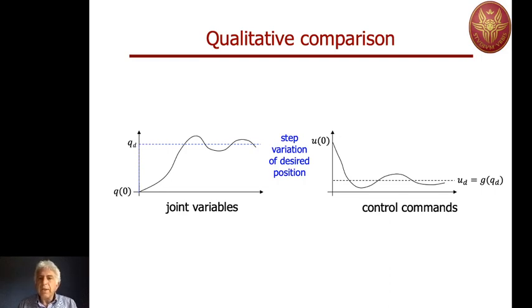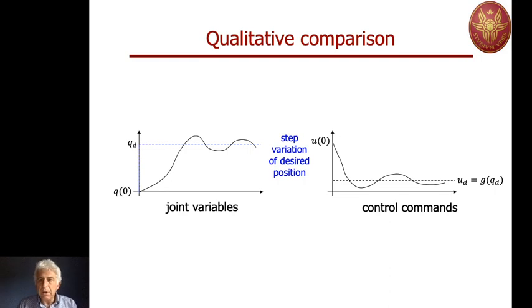If we give a constant reference to a PD controller, now with gravity or without gravity, let's suppose that gravity is there. The qualitative evolution of the motion will be from an initial value q of 0, and we will get there oscillating and taking a long time in order to reach the final QD.